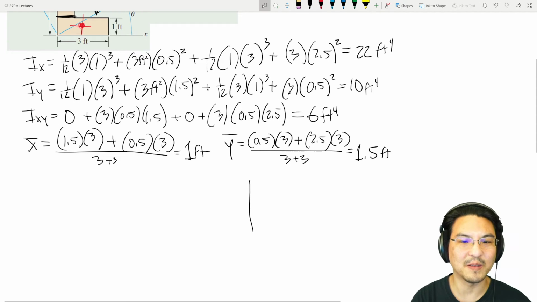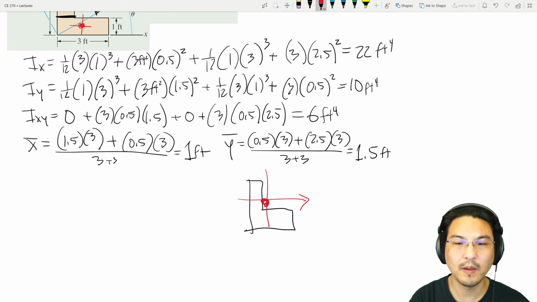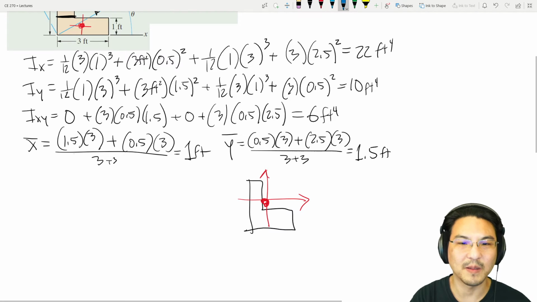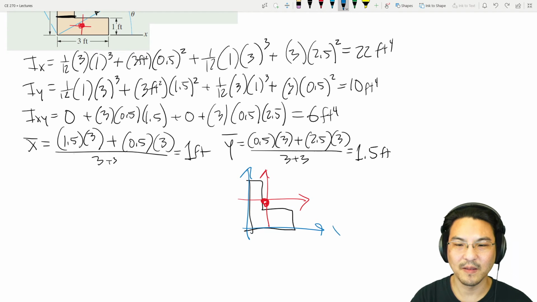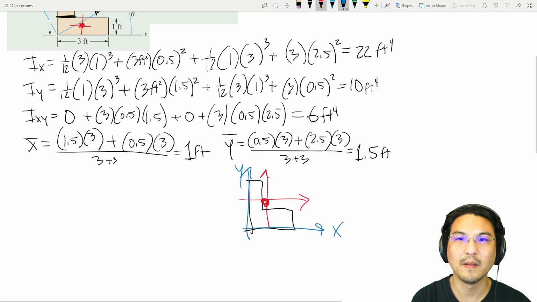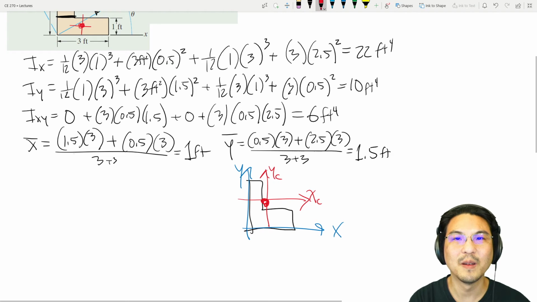So what we want to do is we have this shape. We know the location of the centroid. Let's move from here to here, and then from here to here. I'll call this x centroid, different coordinate system.